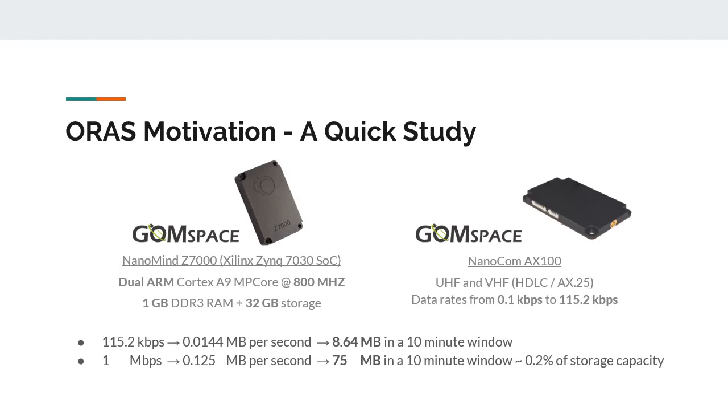Even at higher data rates, talking about 1 megabit per second and so on, we are still barely using 1% of the storage capacity offered by the product on the left, the Nanomind Z7000 from GomSpace. This is a particular study and analysis, but in general it applies to most commercially available CubeSat subsystems nowadays.